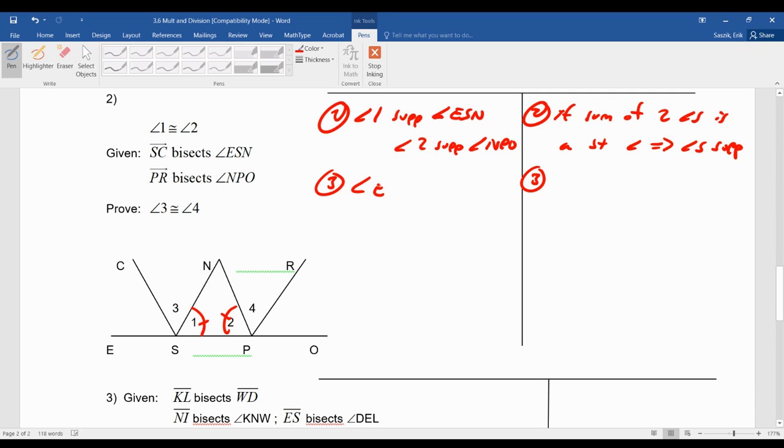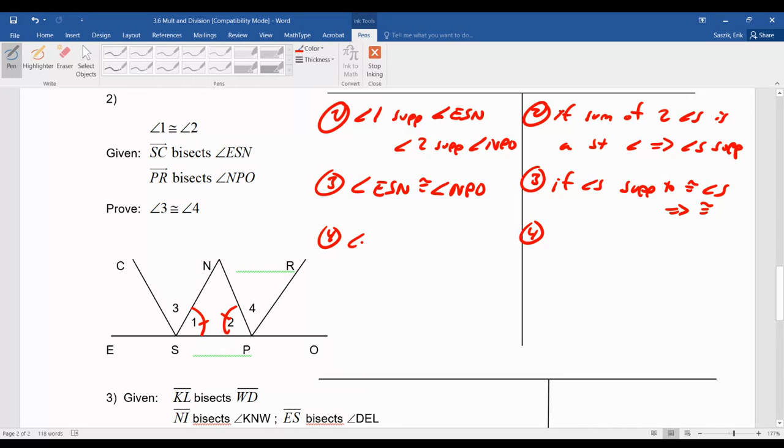So angle ESN is congruent to angle NPO, if angles supp to congruent angles, then congruent. And now we've got these big angles congruent. So we can finish.